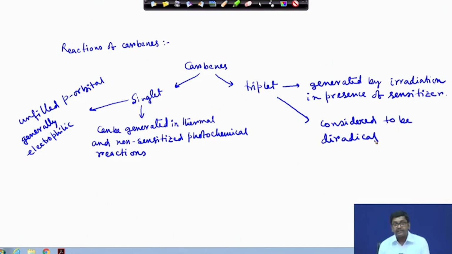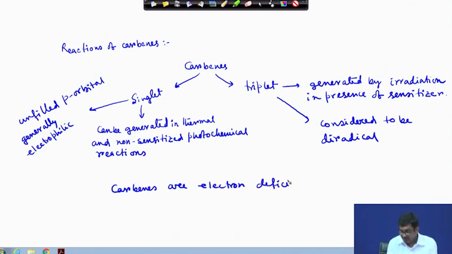From here we can say that the reactivity of these two carbenes is different, so their reactions will be different. In general, what we have learned is that carbenes are electron deficient, so they are electrophilic, obviously in the absence of strong resonance interactions like what we found in N-heterocyclic carbenes.